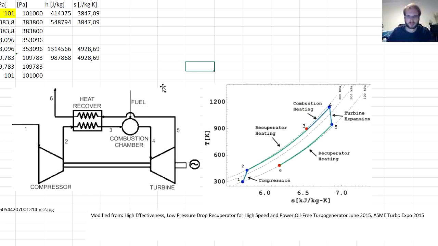For the expansion, the difference for the ideal case would be 4 to 5 ideal or isentropic, and real case 4 to 5 real.